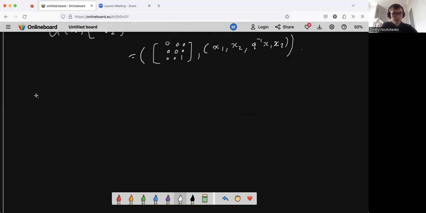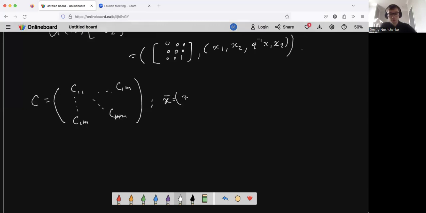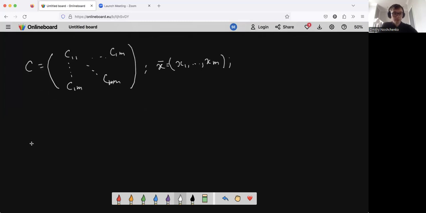Given a matrix C, with entries C11 up to CMM, and the vector of variables x1 up to xm, when we do unlinking, we do some modification. So uij of C would be some blocks.